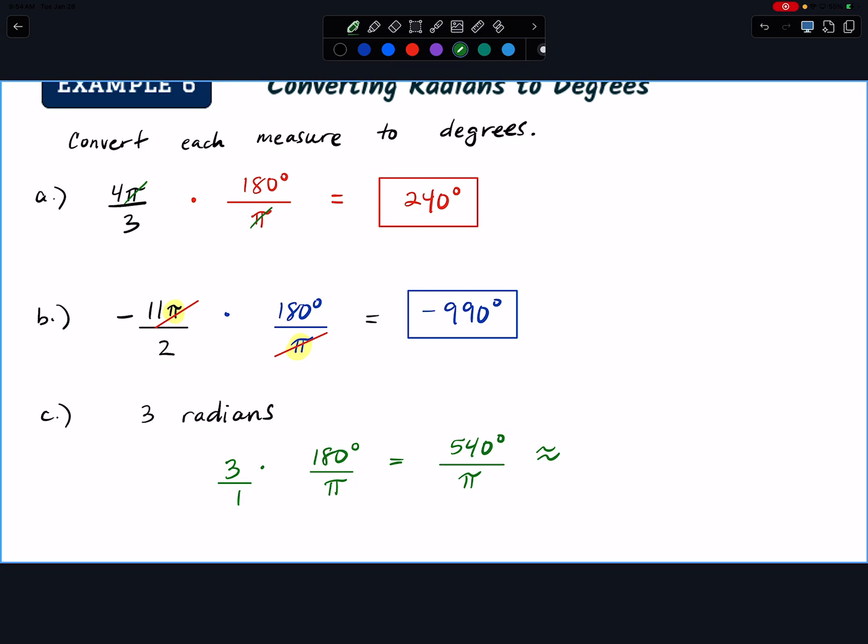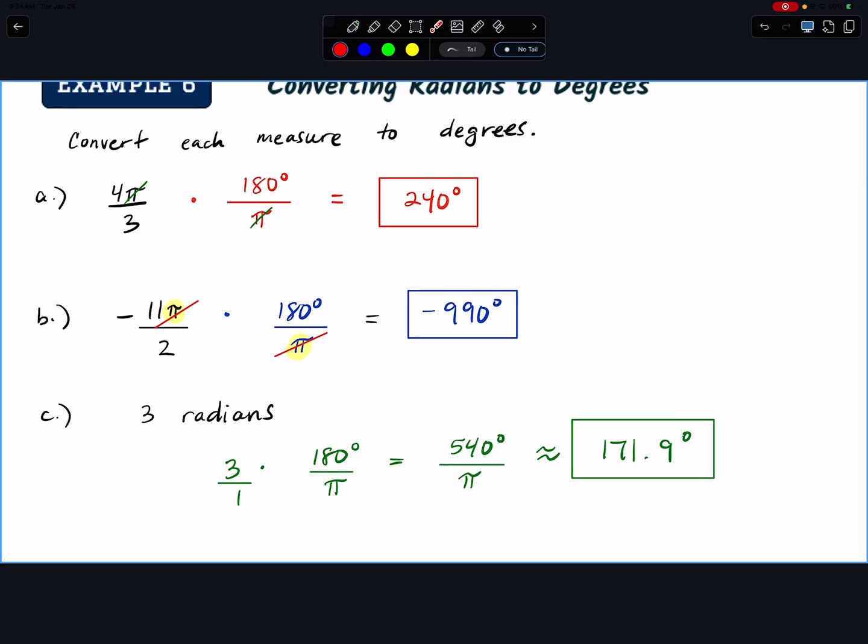And what do you get? Julissa, what'd you get? Yeah, 171.9 degrees. Good.